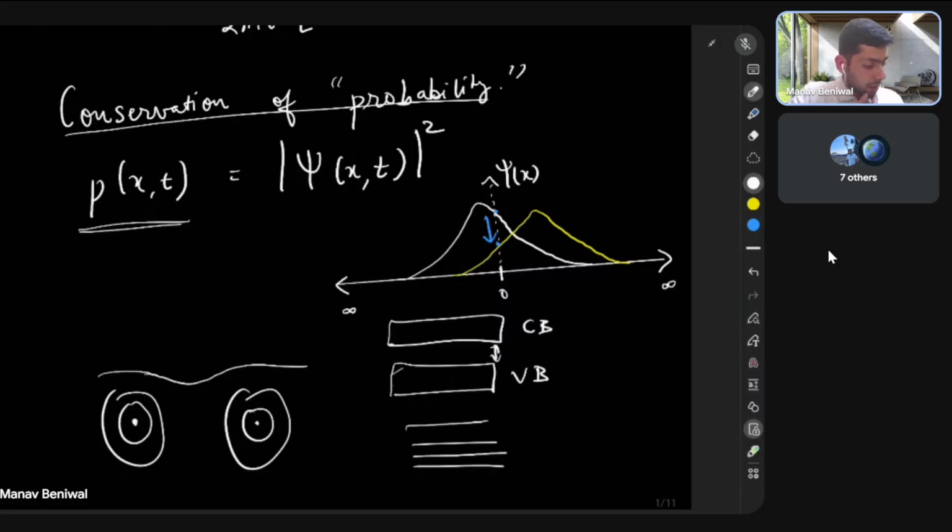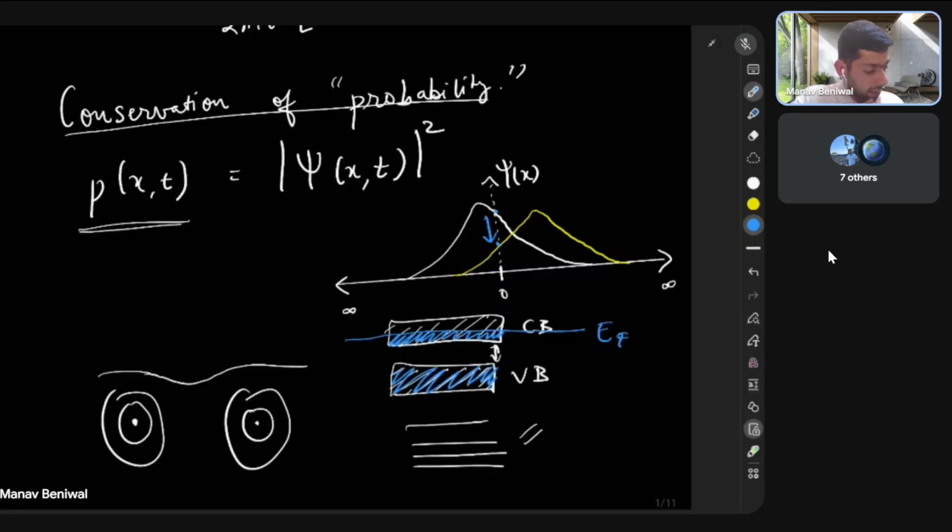You cannot think of these bands as discrete levels. They are a continuum. Depending upon your Fermi level, you will know to what point they are occupied. Let's say your system is metallic, you have done some doping, so your Fermi level is here. Electrons are filled all the way up to here.